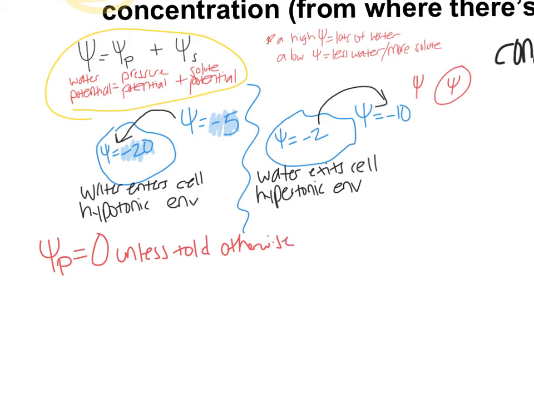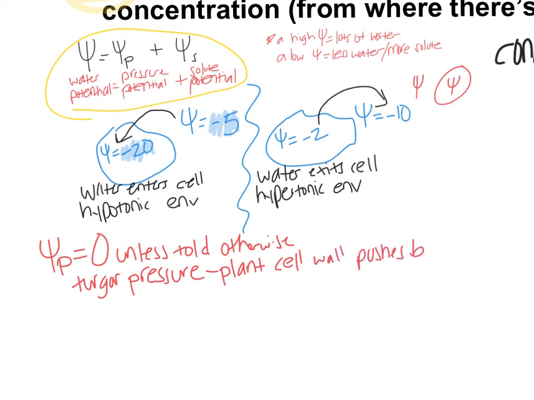What pressure potential is has to do with turgor pressure. Turgor pressure is an idea that we see in plant cells where the plant cell wall pushes back to prevent continual uptake of water.